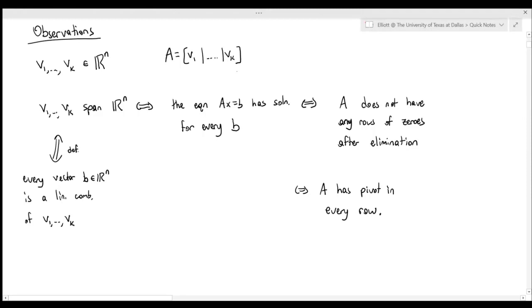So this here relates to the definition of span.